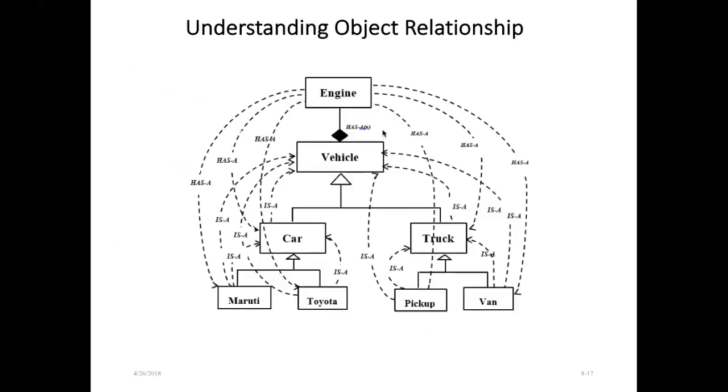So let's try to understand this diagram. Although it is complex, our intention is to understand object relationships. If we understand object relationships, then we will understand something else that I'm going to teach in a few minutes. Engine is an essential part of a vehicle, so a vehicle has an engine, and car is a vehicle, and truck is a vehicle.